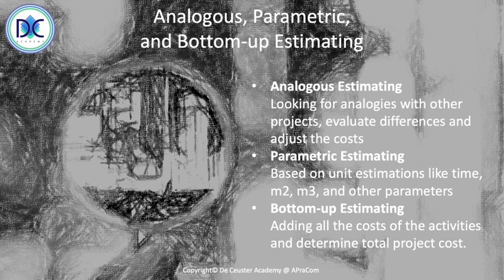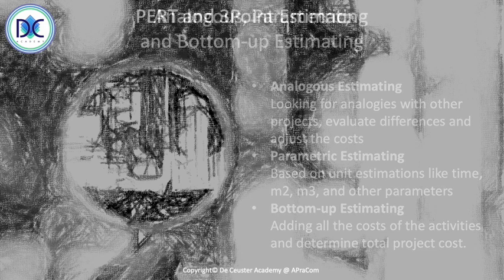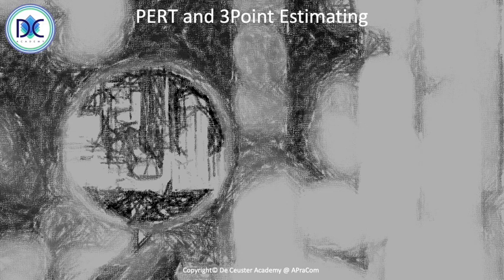A very interesting estimation technique is PERT, Program Evaluation and Review Technique, and 3-point estimating. Both basically are 3-point estimation methods, and PERT is the older method which was introduced when we had the PERT precedence diagramming methods. So it still kept the name.